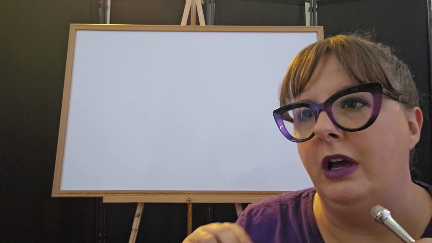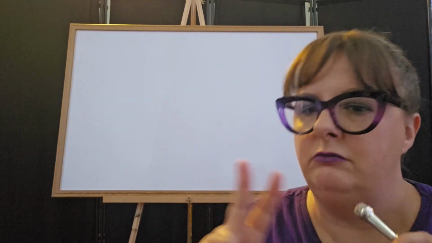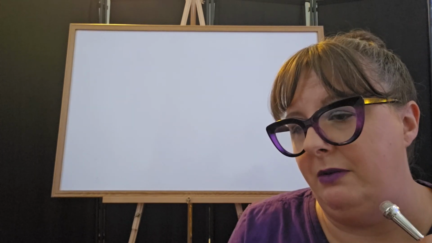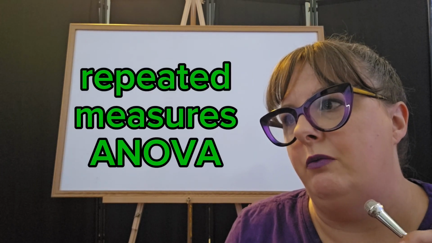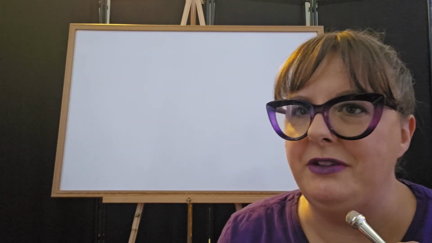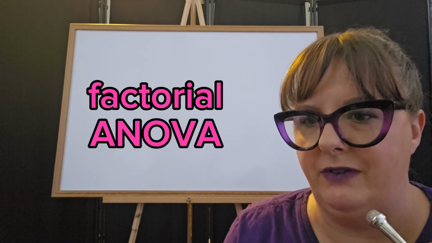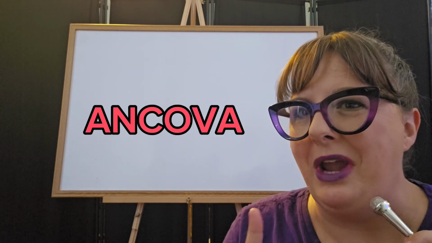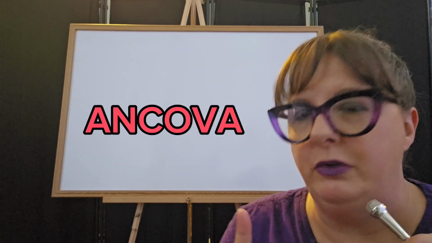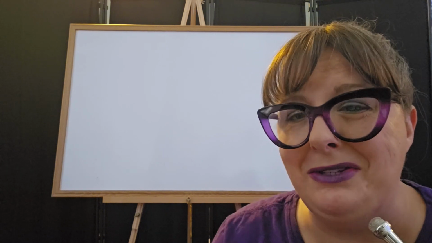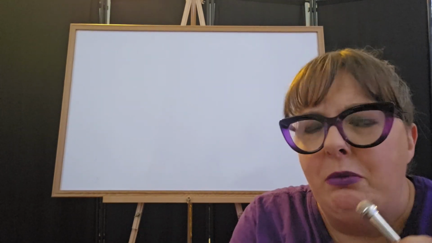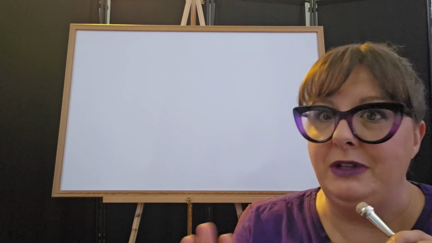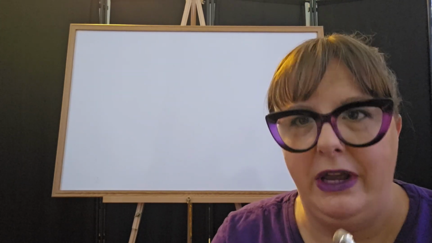In my class, we learn about one-way analysis of variance, repeated measures ANOVA, and then a little bit about factorial analysis of variance. There's also analysis of covariance, or ANCOVA, which we don't cover in my undergraduate class, but my grad students get to learn about. I know you're like, hey, I want to go to grad school so I can learn all about that. But let's talk about probably the simplest one, your one-way ANOVA.